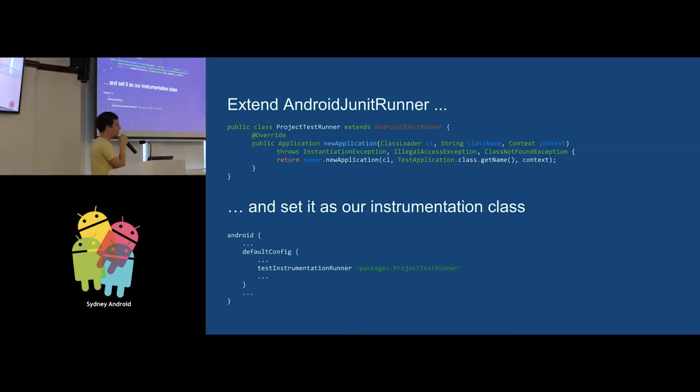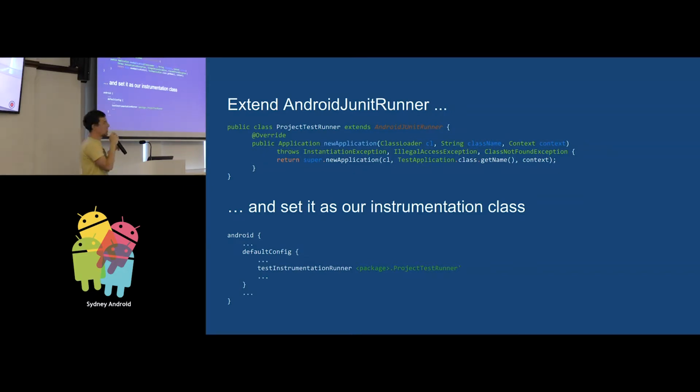The way we are going to mock out our application while running our tests is by subclassing the Android JUnit runner. At the point when our application is being created, before any tests are being run, we don't pass in the name of the class that is our production application class. Rather, we pass in the name of our test application.